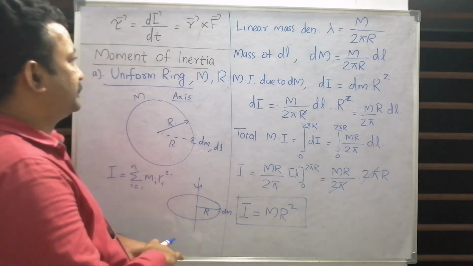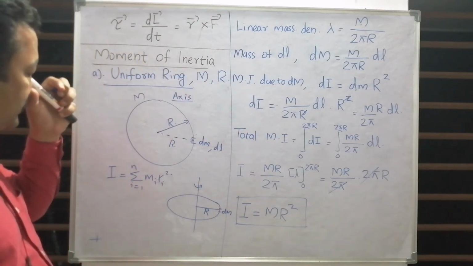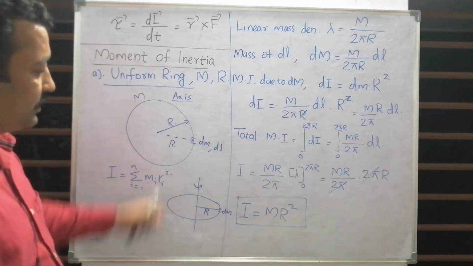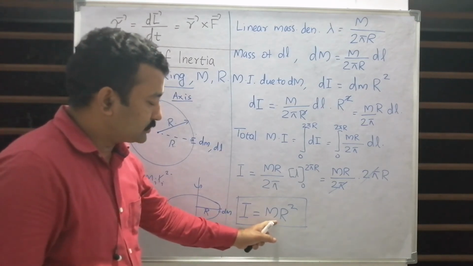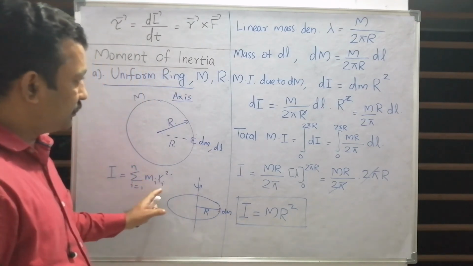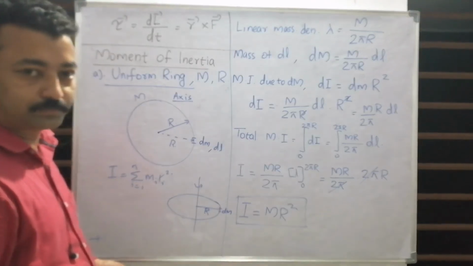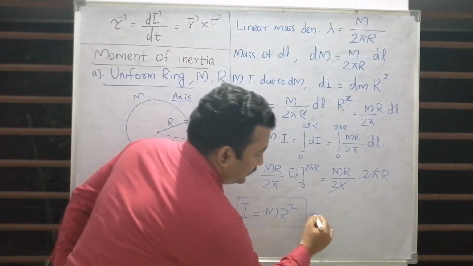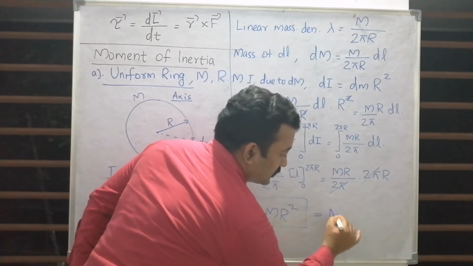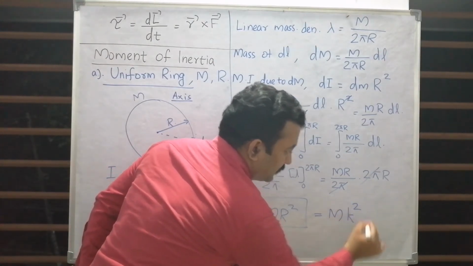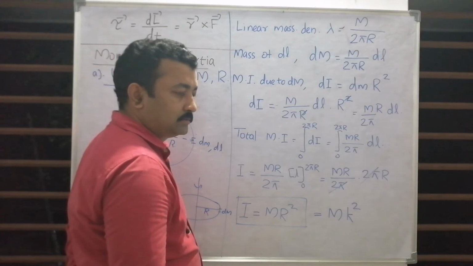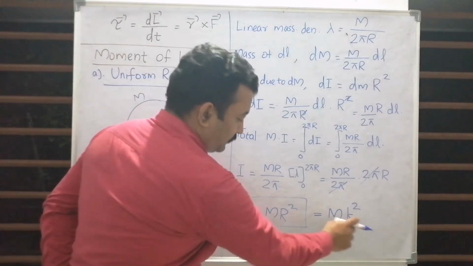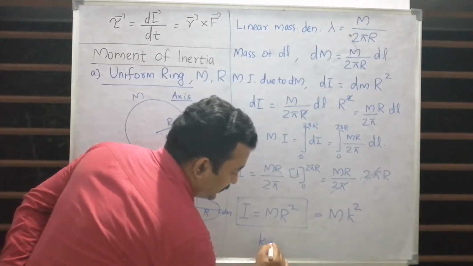So I got the expression for the moment of inertia of a uniform ring as I is equal to m r square, starting from the individual particle discussion. As I told earlier, I can write this as m k square, where k is called the radius of gyration. So for a ring, what is the radius of gyration?